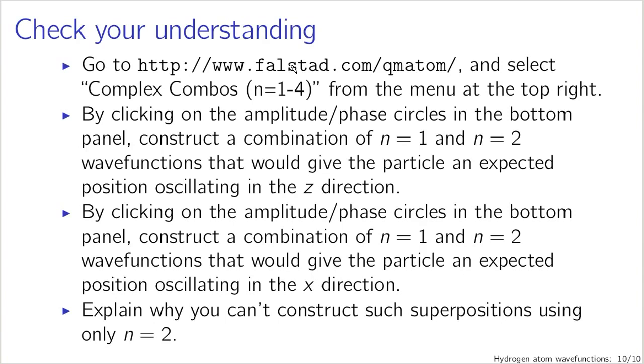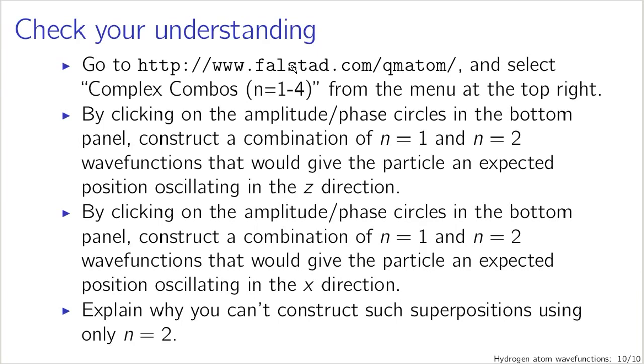So that's about all I need you to understand about the appearance of hydrogen atom wave functions. These things are, of course, very important from the perspective of chemistry, but from the perspective of physics, it's really just these complex wave functions, which have a variety of quantum numbers and a variety of geometrical structures.